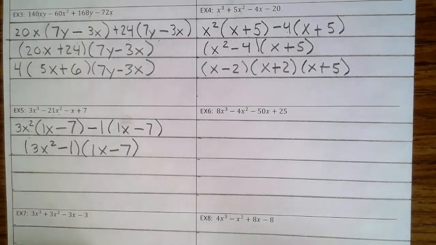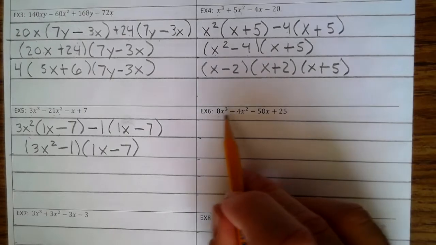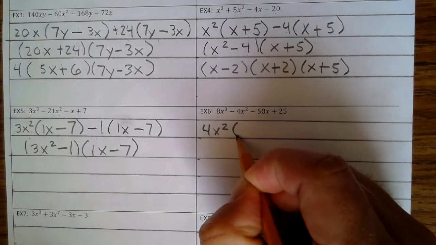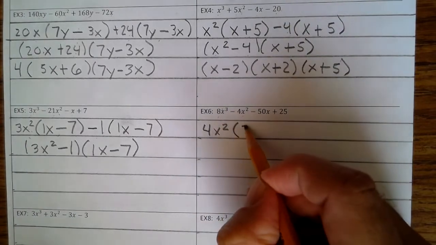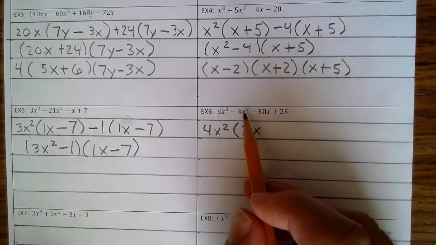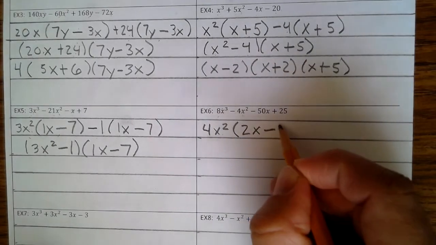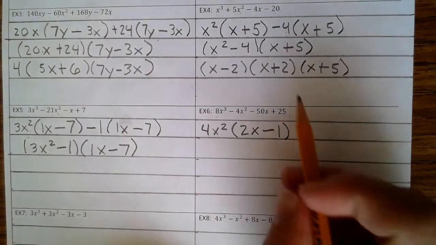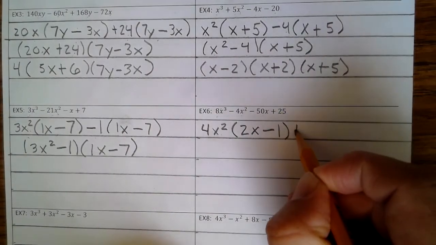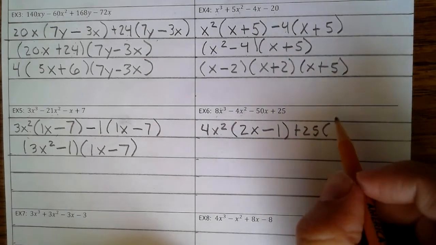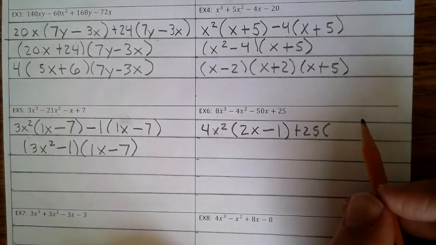All right, example 6. It looks like here we can divide both of these by 4 and factor out an x squared. So that's 4x squared, which 8 divided by 4 is 2. We've taken x squared out, which leaves 1x here. And then negative 4x squared divided by 4x is minus 1. Now it looks like here we can factor out a 25. And actually, I take that back.